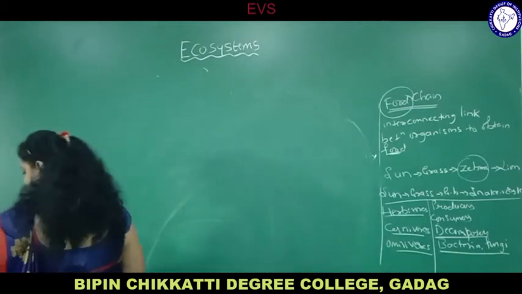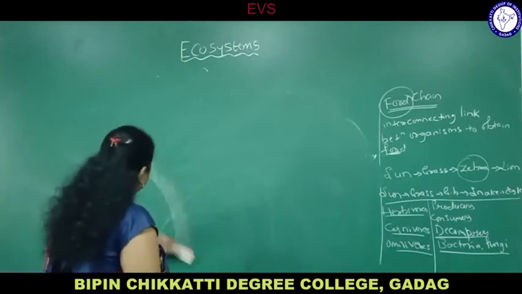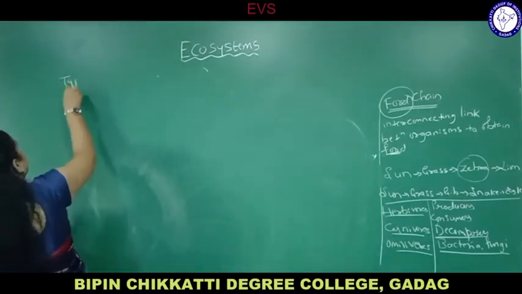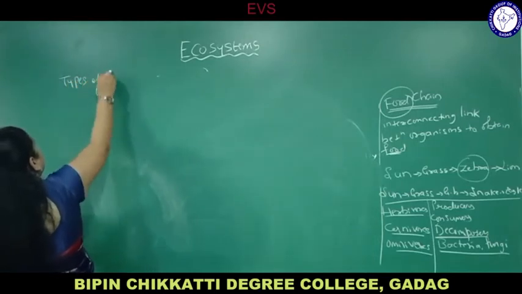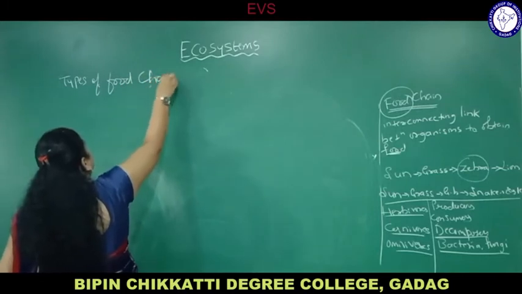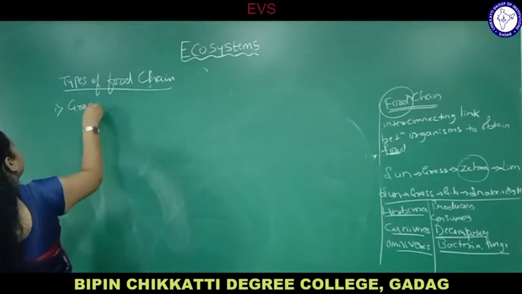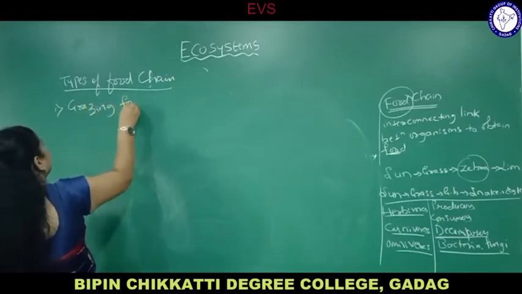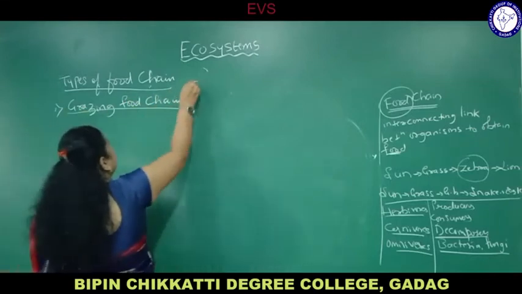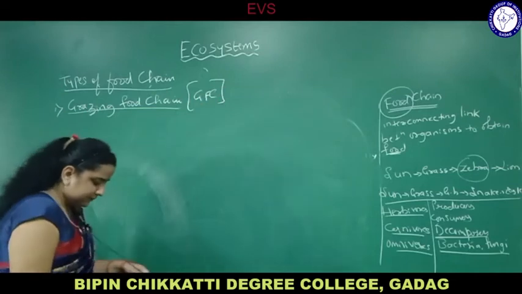So the first one, types of food chains: grazing food chain, which can be abbreviated as GFC.